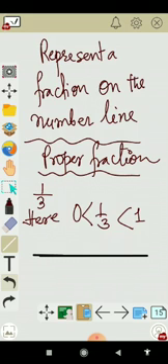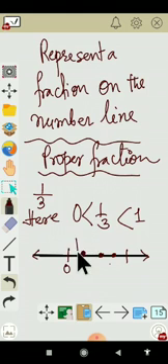So draw a straight line first, then mark both sides with arrow marks. Mark 0 here and 1. Now divide this length into 3 equal parts. If you divide into 3 equal parts, the first point P will be 1 by 3.